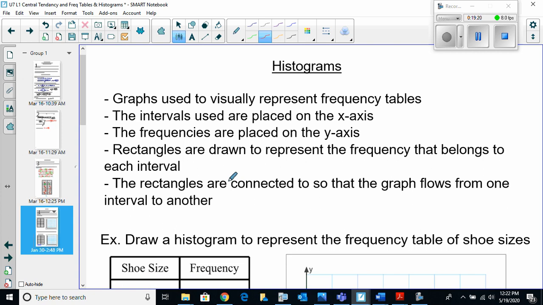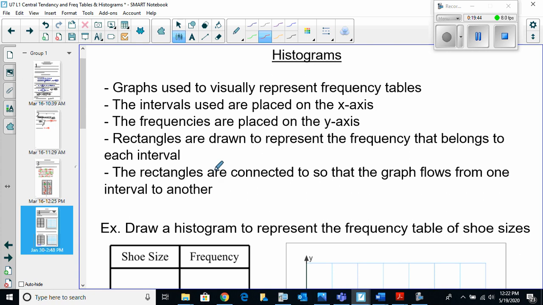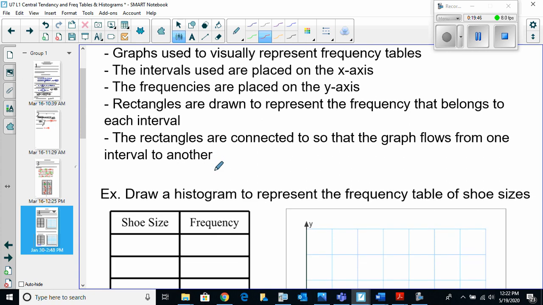Now, why do we build this table? Because we graph what is known as the histogram. The value or interval is placed on the x-axis, and on the y-axis is placed the frequency. And then it is made of rectangles.